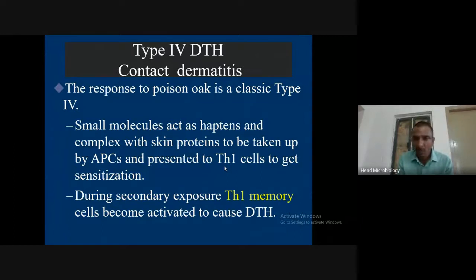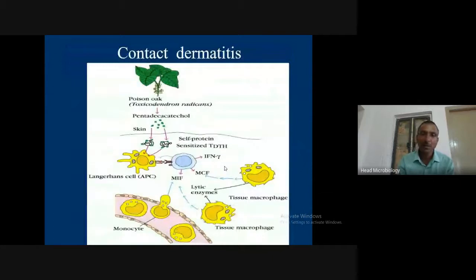Small molecules act as haptens and complex with skin protein to be taken up by antigen presenting cells and presented to T lymphocyte cells to get sensitization. During secondary exposures, Th1 cells, memory cells, become activated to cause delayed type hypersensitivity.